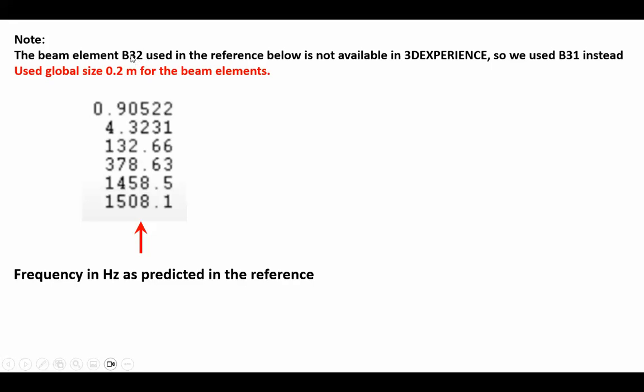In that YouTube tutorial, the fellow is using B32, but B32 is a three-dimensional two-noded quadratic element, but that is not available in 3D Experience. So I had to use B31, but the results are going to be fairly close.